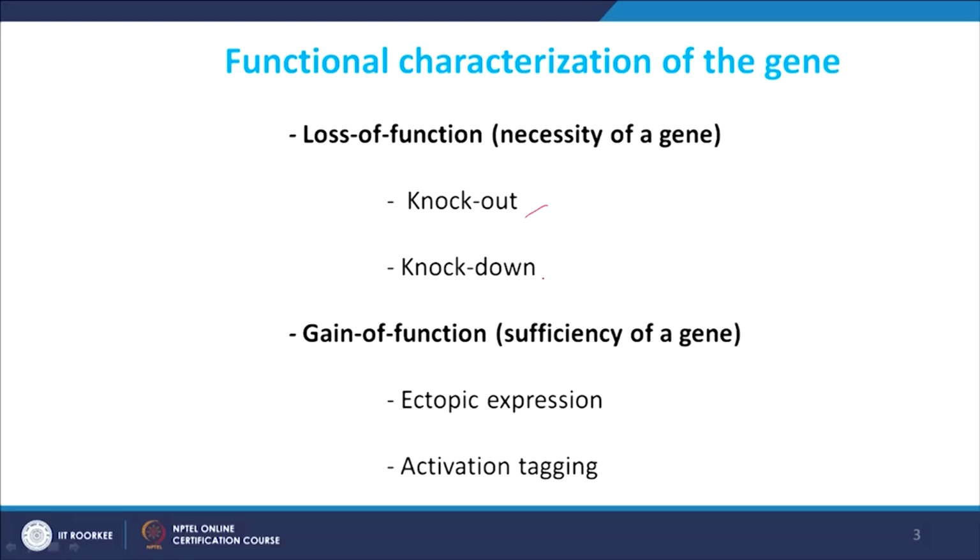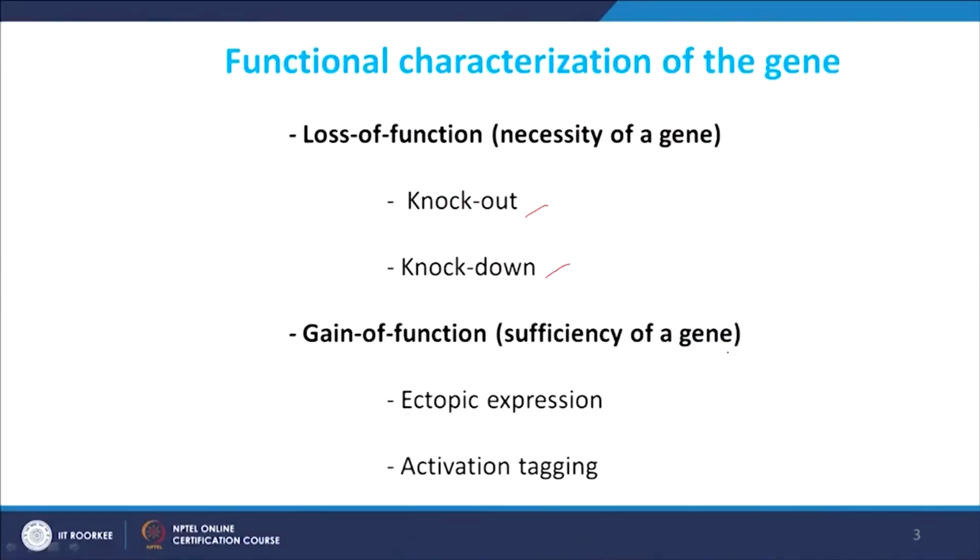We will take them one by one. First, loss of function, and here there are two ways to do it. Either you knock out the gene or you knock down the gene. In knockout, you totally make a null mutant where the gene is totally disrupted. In knockdown, you are reducing the expression of a particular gene, but it is not a null mutant.